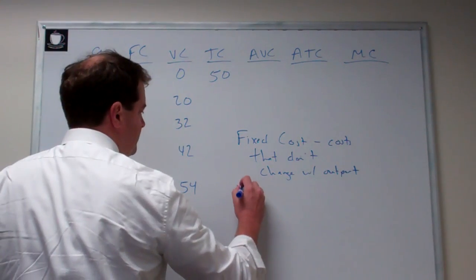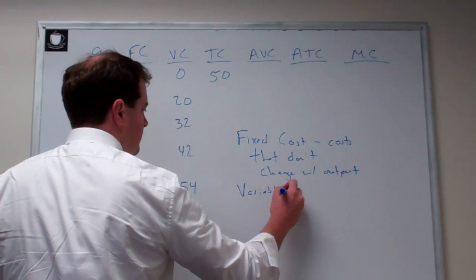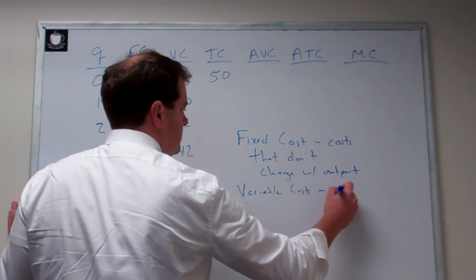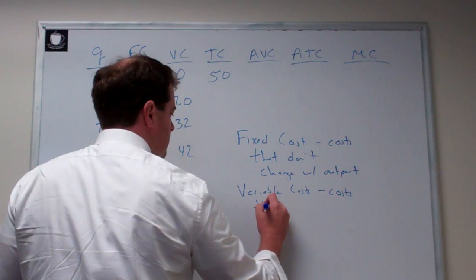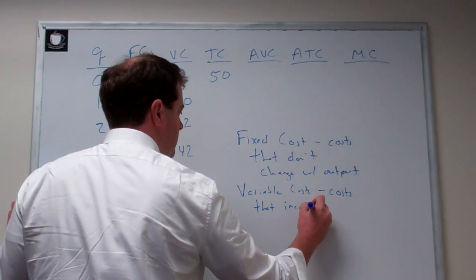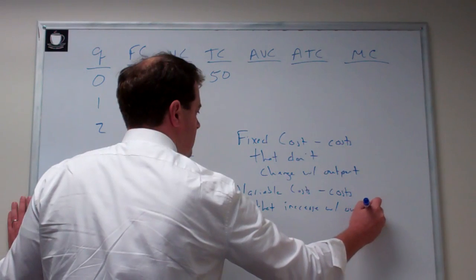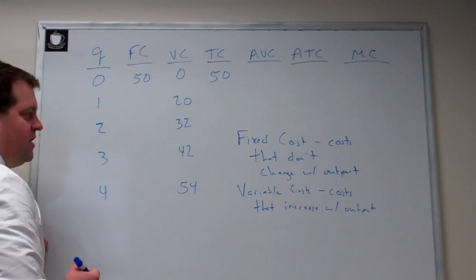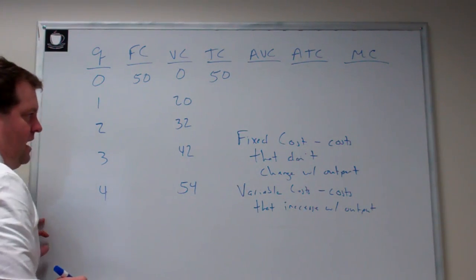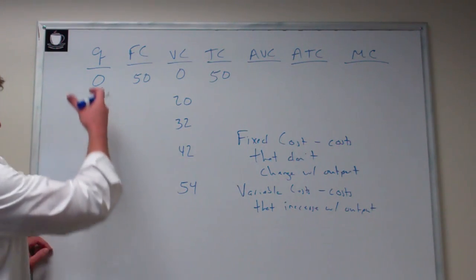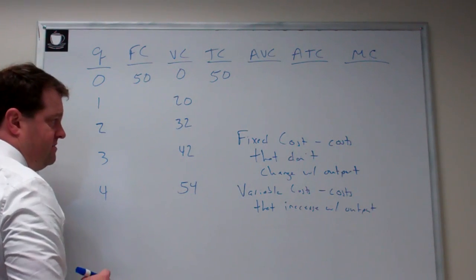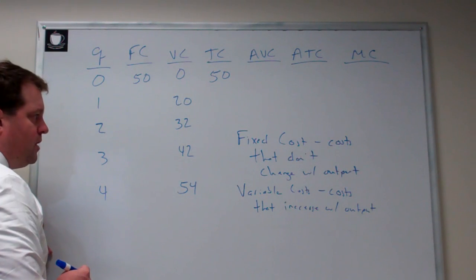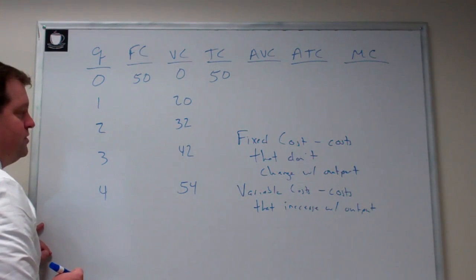Then the other costs that firms face are variable costs. Variable costs, as the name suggests, are costs that increase with output. So anytime you're talking about variable costs in this class, we're really talking about hiring workers, because in order to produce more goods, the firm has to hire workers, which means they'll have larger labor costs associated with production.